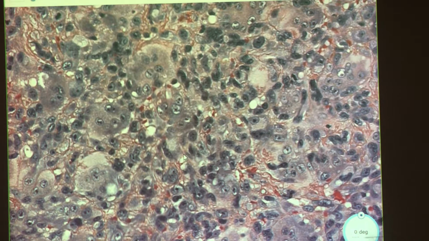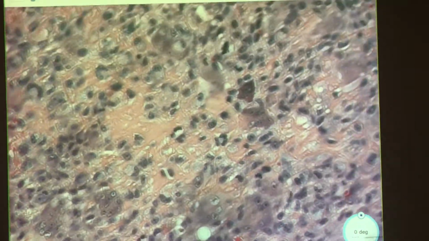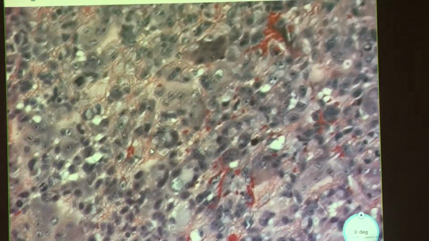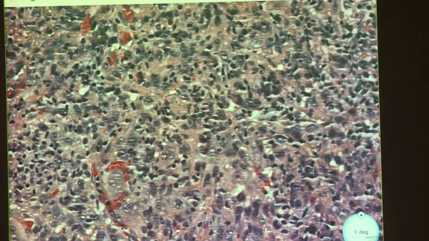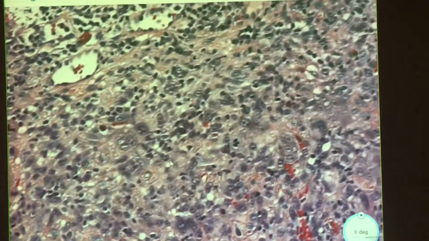And then they're kind of weird looking, some of the nuclei. Okay. What about your background cells? I see a lot of inflammatory cells.